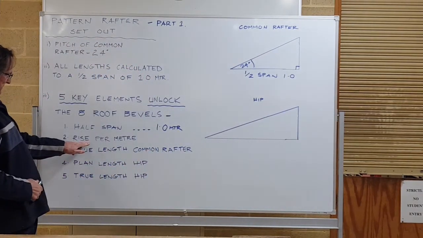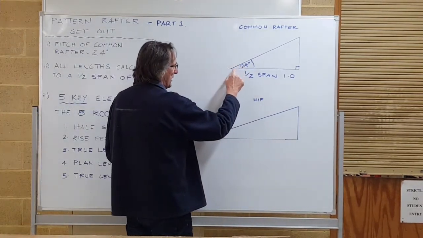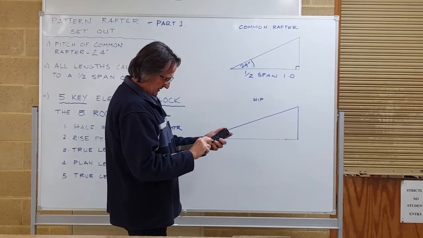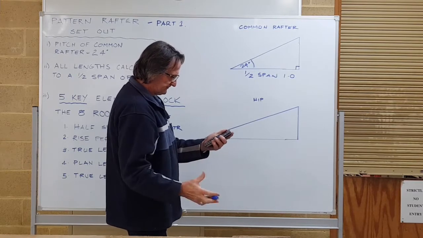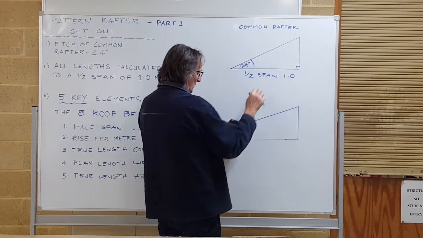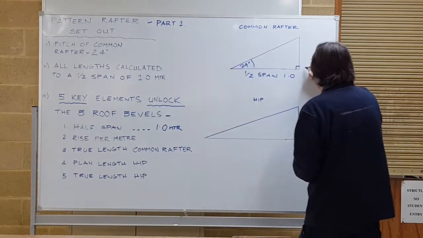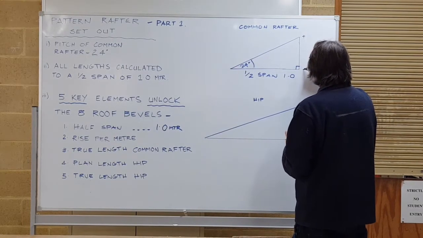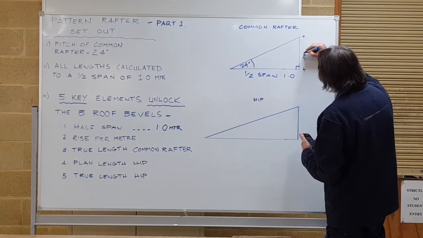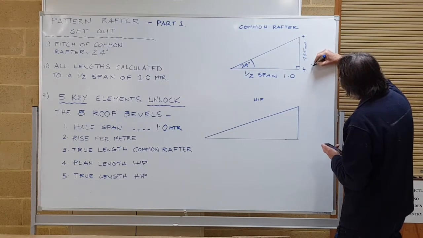So to get the second of the 5 key elements, we can say tan 24 degrees on our calculator. Tan 24 says that over a metre, when we go tan 24, it gives us a rise per metre as an answer of 445 millimetres.